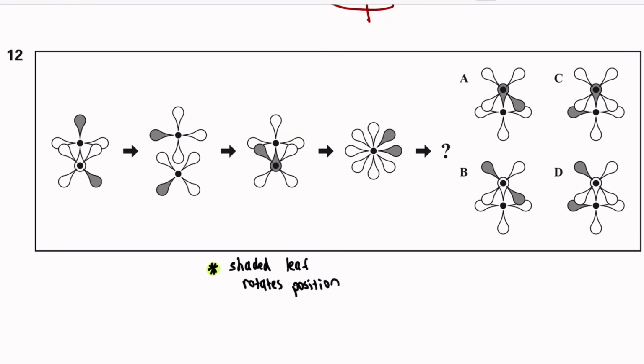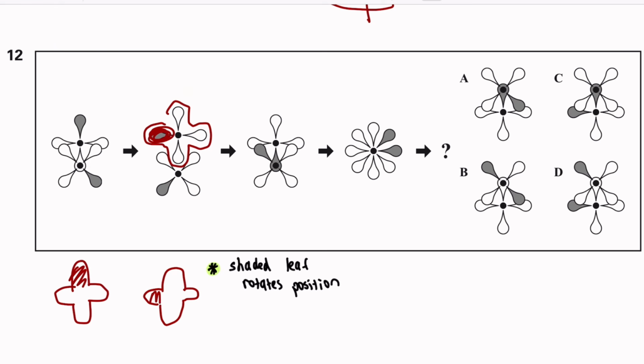When we look at this vertically orientated clover shape, we notice that the top is shaded. Then you can see it moves to the left, so the left becomes shaded.